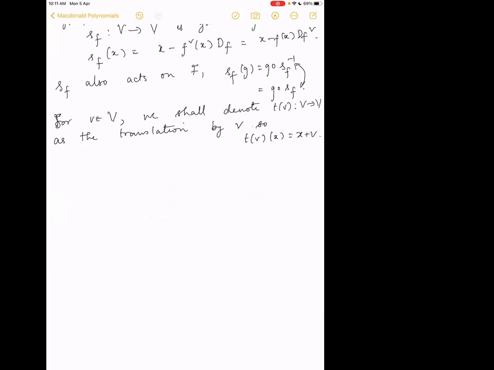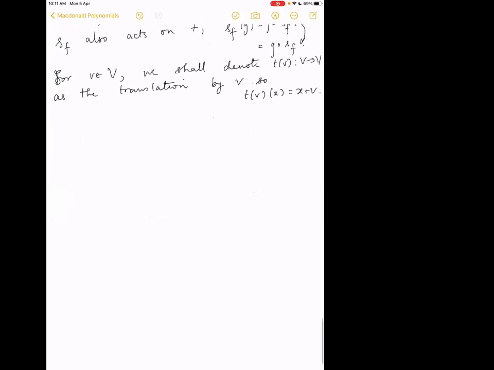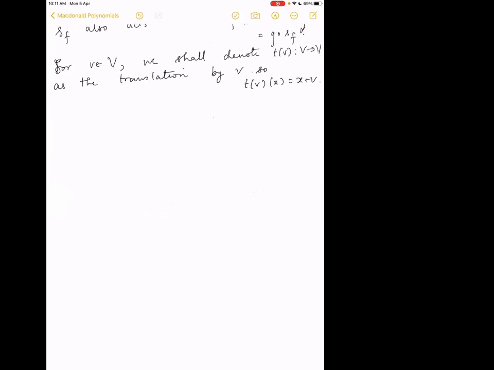Okay, so now, as I said, I'm not going to talk about affine root systems in the generality that McDonald has considered, but nevertheless I think it will include the examples that we are interested in, which is type A primarily.